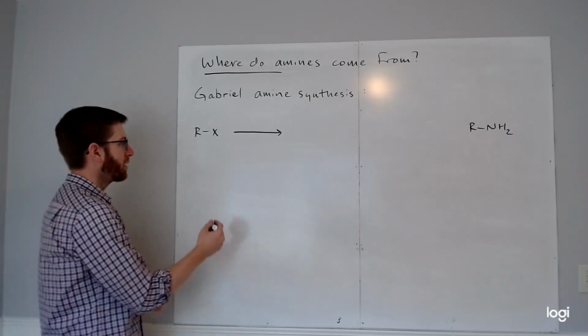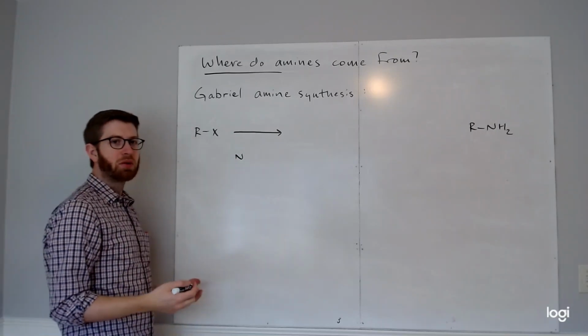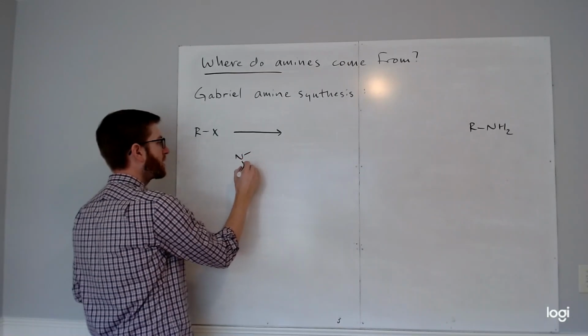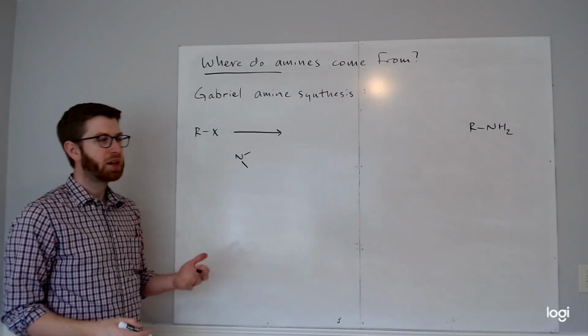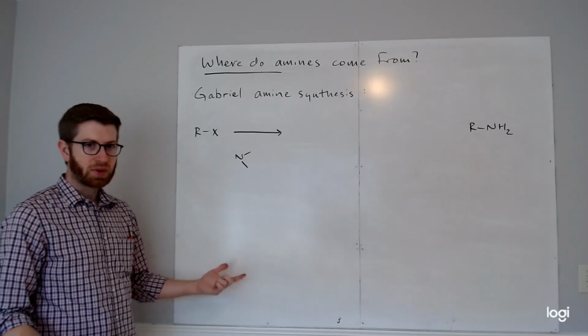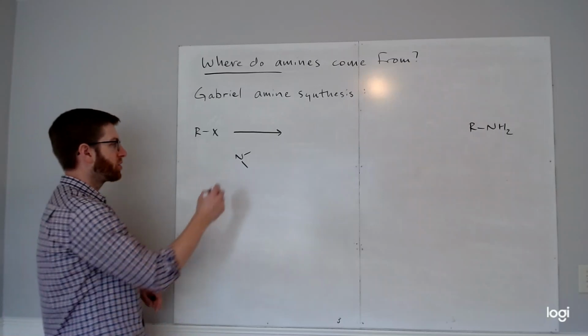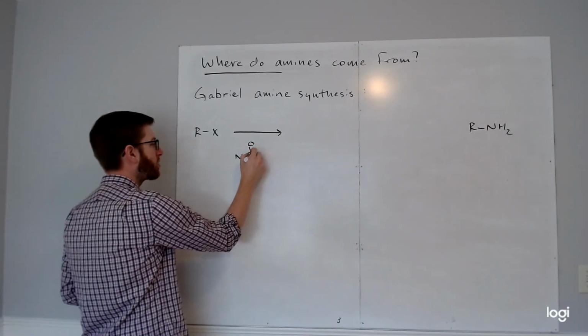And the idea here was that we could take a group where there's a nitrogen, which will be nucleophilic, and then we'll put something on the nitrogen that blocks the other sites of reactivity. Given that a nitrogen could form 3 different bonds to R groups, like we saw at the beginning of the video, we need to block 2 of those positions of nitrogen in a way that will stay there until after I've made my new carbon-nitrogen bonds.